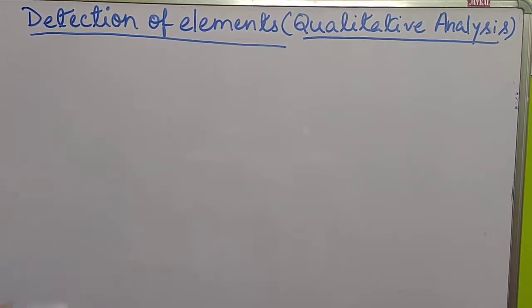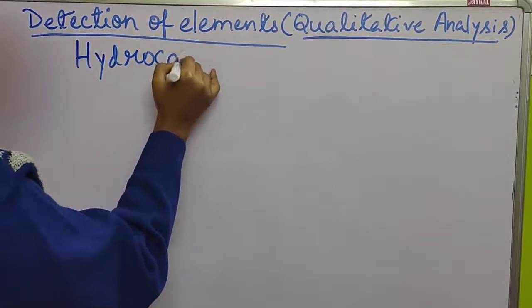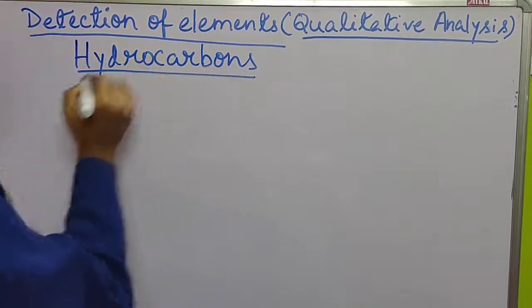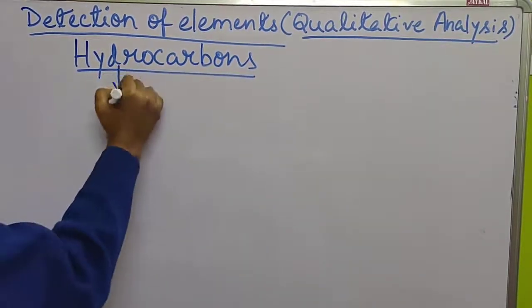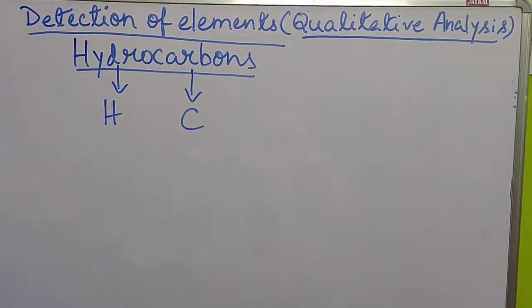As we know, hydrocarbons mainly contain hydrogen as well as carbon, but along with hydrogen and carbon many other elements can also be present in an organic compound.